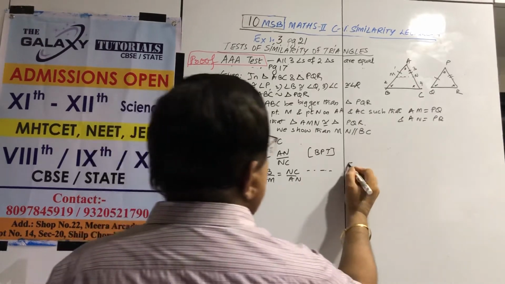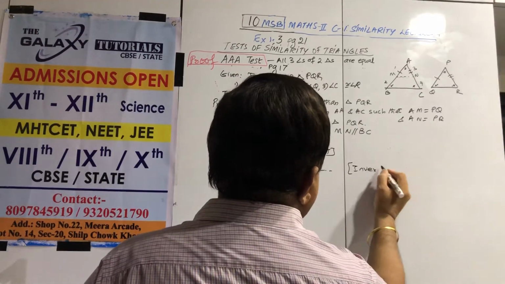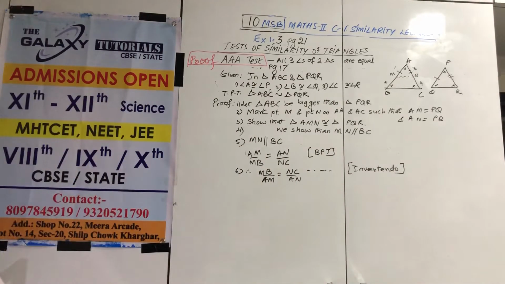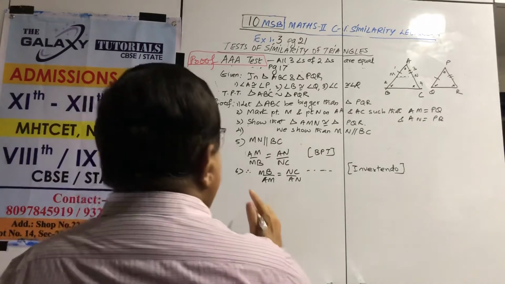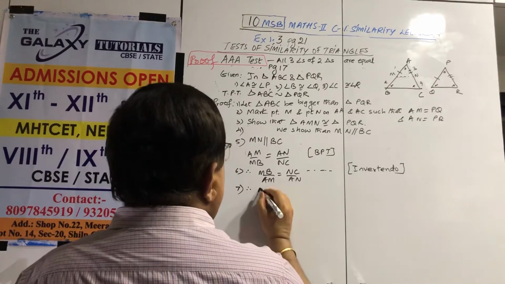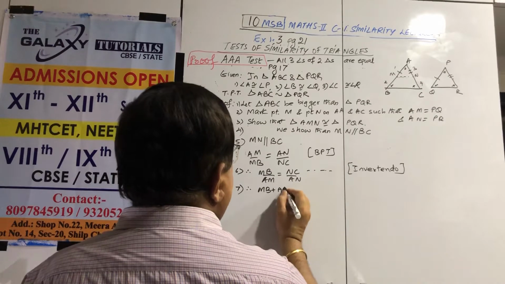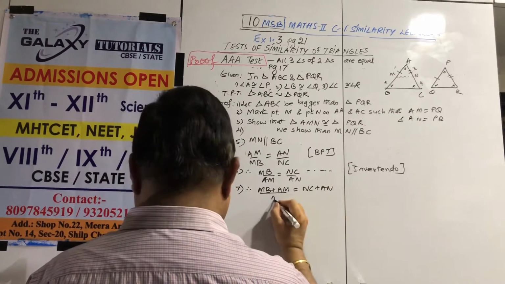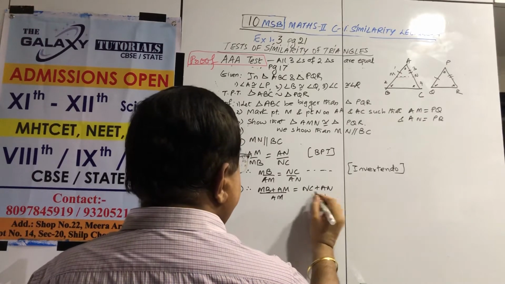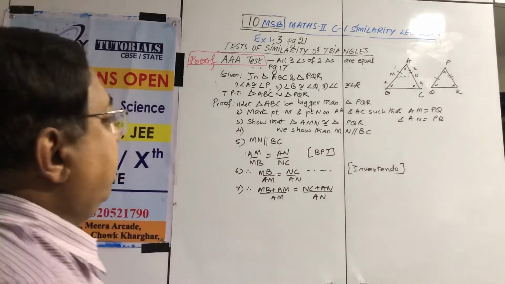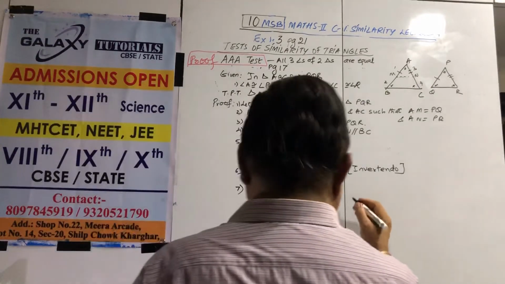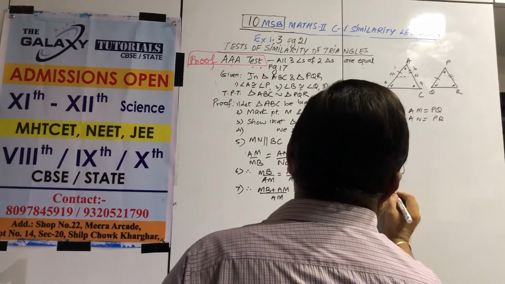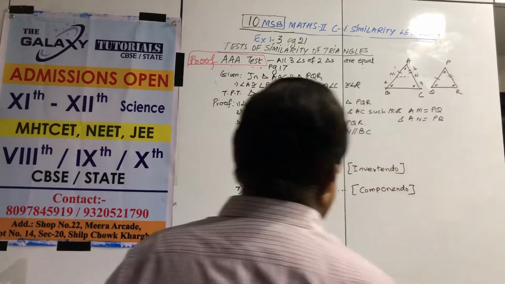My friends, you know this was called invertendo in the lower class. Inverse. Then we will add the denominator to both the terms. Okay, this is called, as you know my friends, componendo. Componendo, adding a numerator.